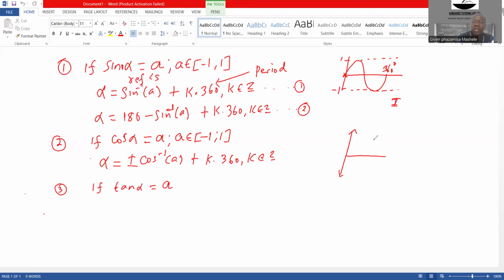It has asymptotes, so the graph looks something like this. So you see it does not have the maximum and the minimum. That's why it does not have any boundaries, unlike sine and cos.